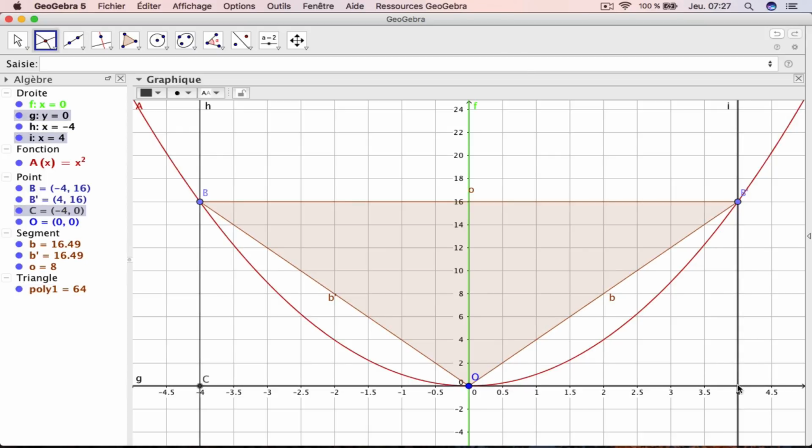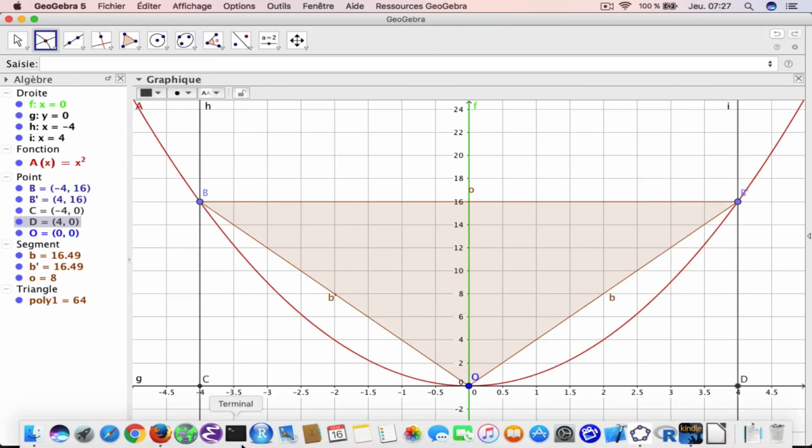So we can use Pythagoras' formula. We have the right angle triangle BCO and the right angle triangle DB prime O. So let's do this and then do this.